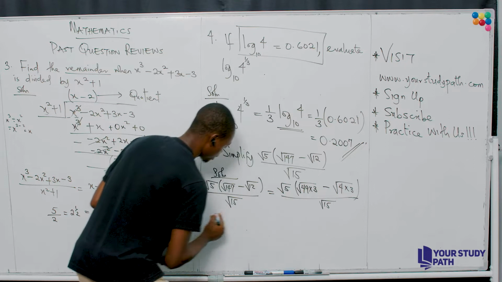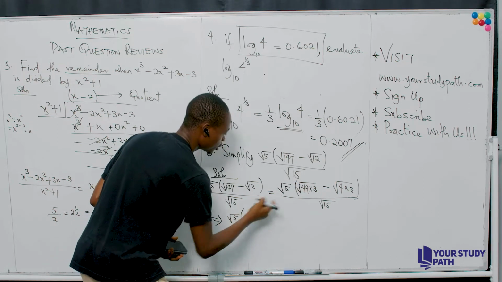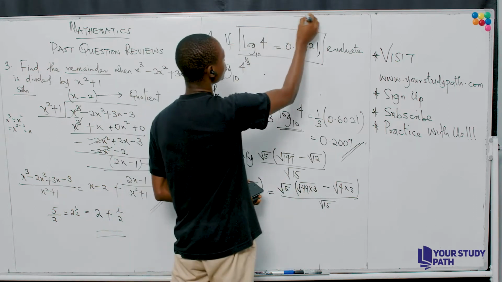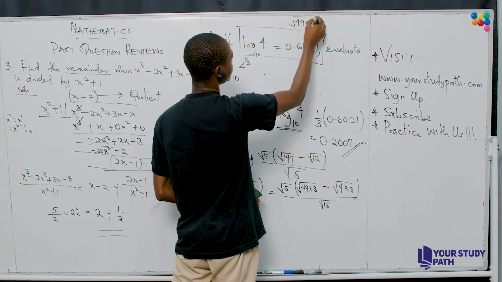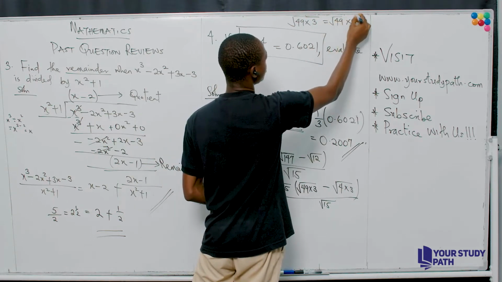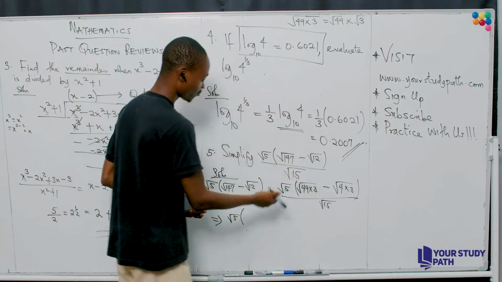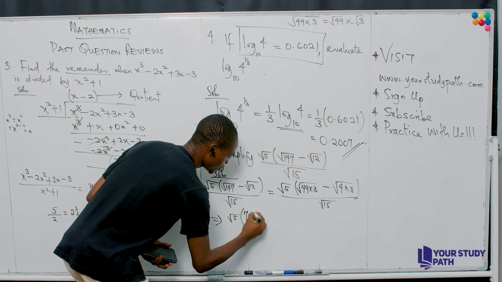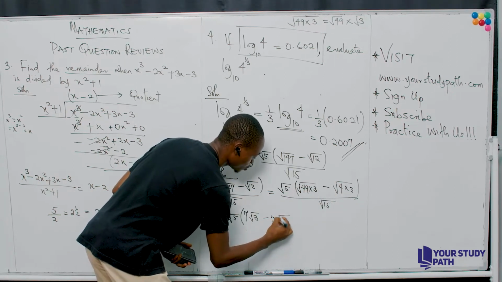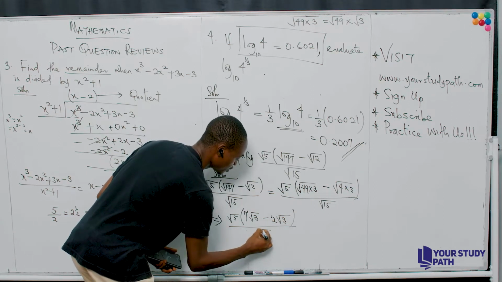We have root 5 into root 49 times 3. We can break the root. Root 49 times 3 is the same thing as root 49 times root 3. So root 49 will simply be 7 multiplied by root 3, minus, the same thing applies here, 2 multiplied by root 3, and then you have root 15.